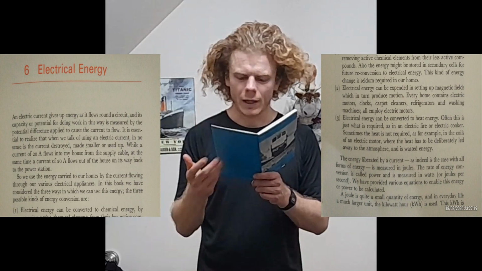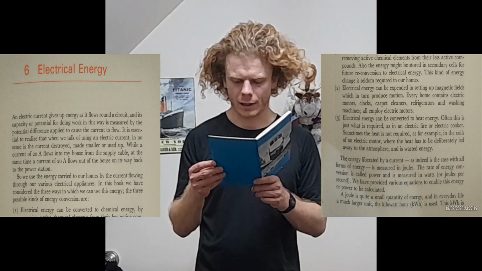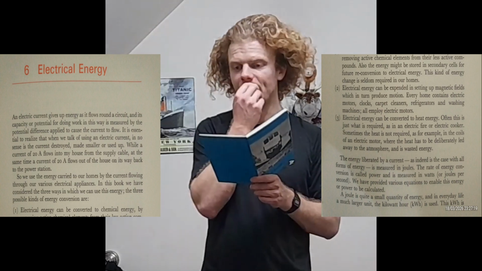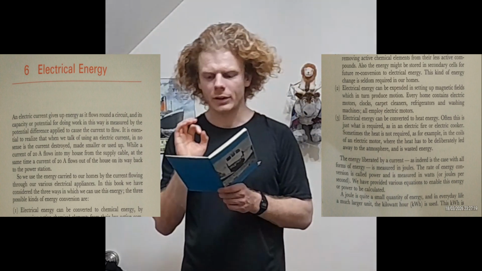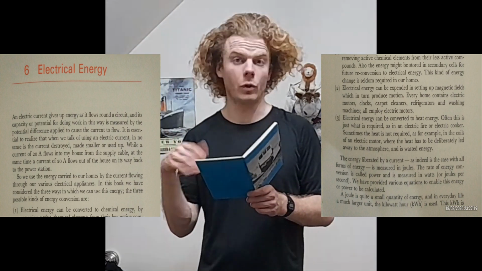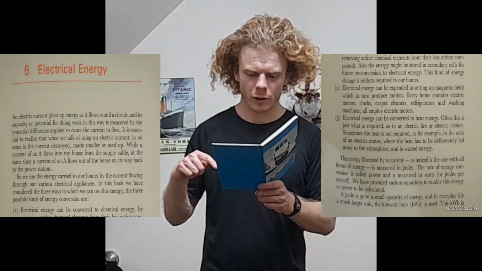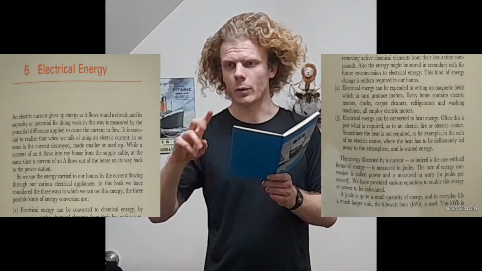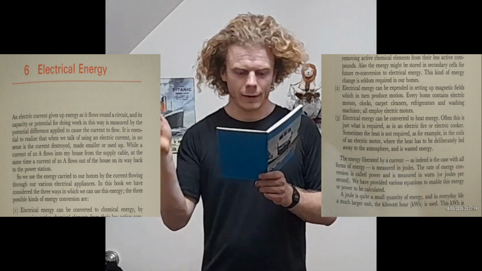Next thing, the energy liberated by a current, as indeed is the case with all forms of energy, is measured in joules. So it is liberated. There comes the electric current in and it goes back again. But the energy was not used up, but was converted, or in other words, liberated. It is no longer there. But why are not 20 amperes going back?